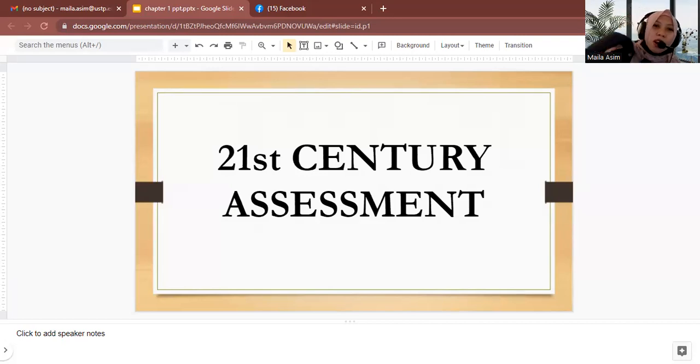According to our EDUC 61 syllabus, our first topic will be about 21st century assessment. These are the different assessment tools that we will be going to use in our CBLM session plan, or the way in class when we become teachers.